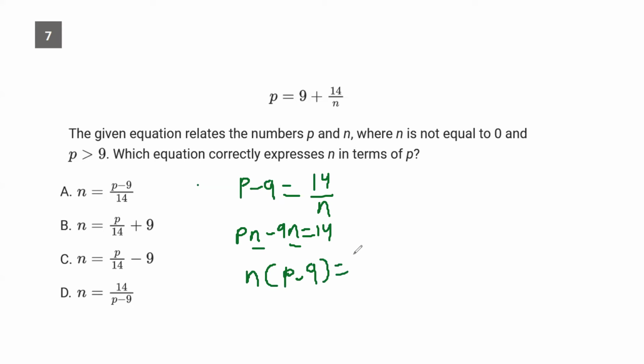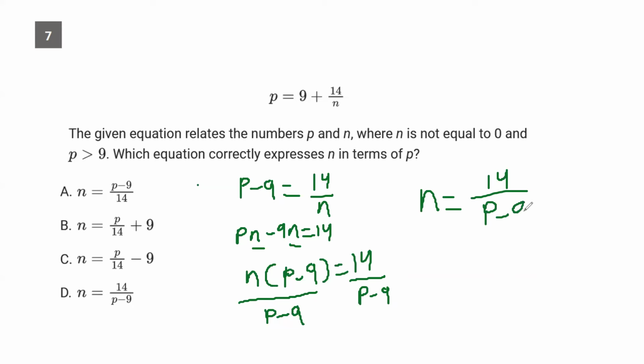So that equals 14. And then we're going to divide by p minus 9. Divide by p minus 9. And then n equals 14 over p minus 9, which is D.